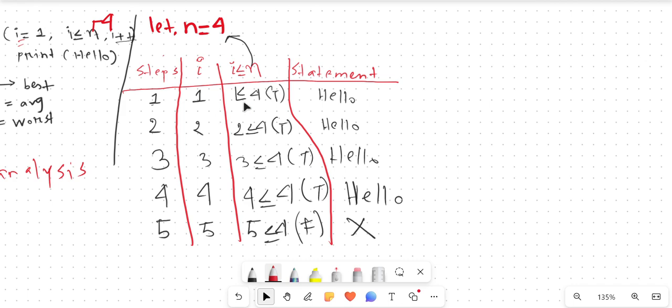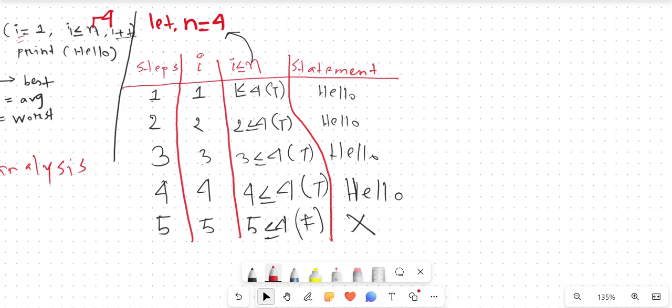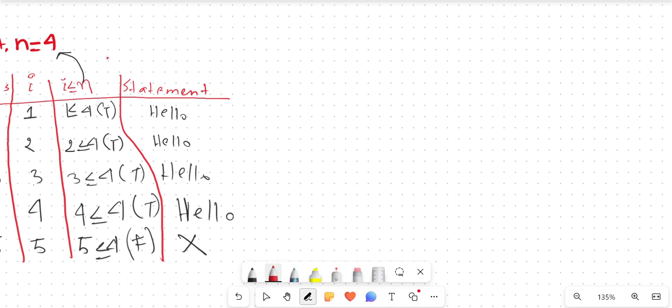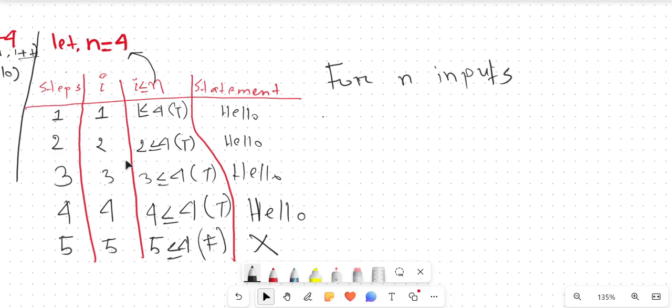For n inputs, how many times has my condition been checked? 1, 2, 3, 4 and 5.